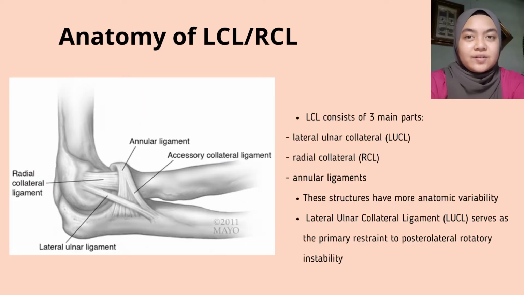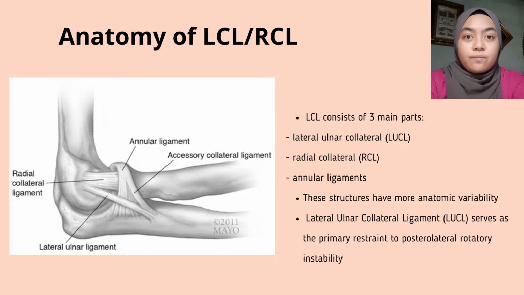The lateral collateral ligament complex contributes to varus and posterolateral stability. The LCL consists of three main parts that have been shown to contribute in some measure to elbow stability: the lateral ulnar collateral ligament, which is LUCL, the radial collateral ligament, RCL, and the annular ligament.